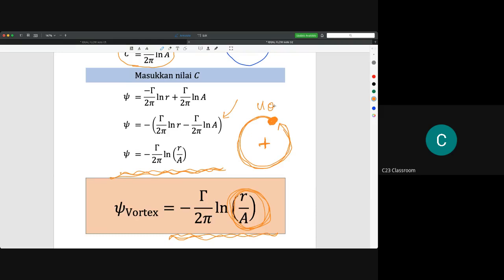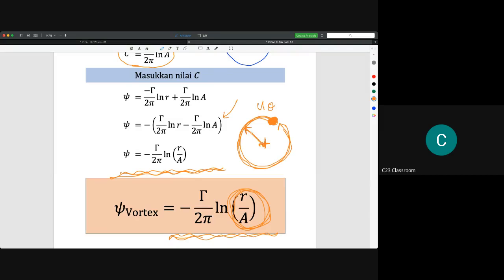Awak kena imagine, awak ada dua velocity, so dia akan create another velocity which is resultant velocity. So kalau tak nak bergerak ke mana-mana, so means that dia mesti ada satu velocity sahaja. Oleh itu, untuk dia menjadi satu velocity sahaja, parameter lain yang kita kena jaga ialah we must maintain the distance from its center point here. So makna awak jaga nilai R itu supaya nilai U theta akan sentiasa constant.